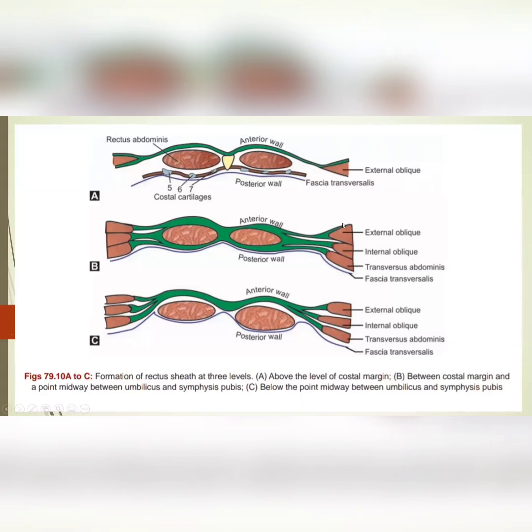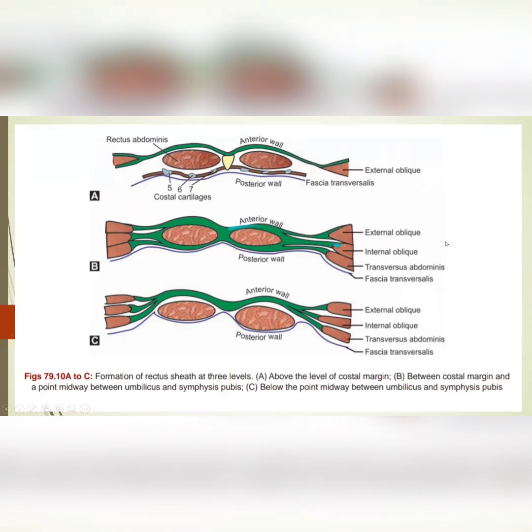Now we will look at the formation of rectus sheath at the level B. Here, the anterior wall is formed by aponeurosis of external oblique, plus there is a contribution by aponeurosis of internal oblique muscle as well. If you look closely, internal oblique muscle aponeurosis will actually split into 2 layers.